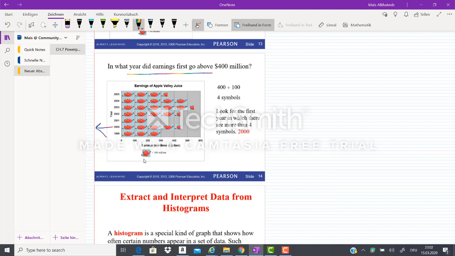Then we have 2002, 2003, 2004. All of these are above $400 million.